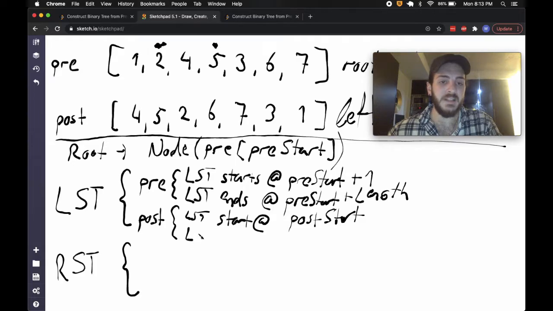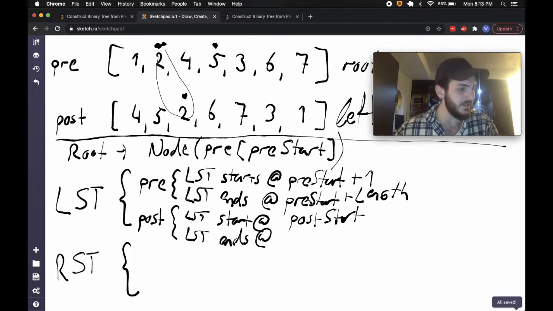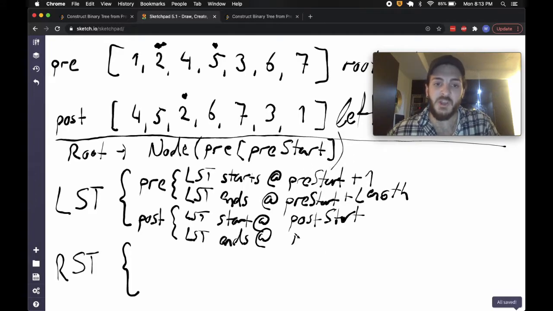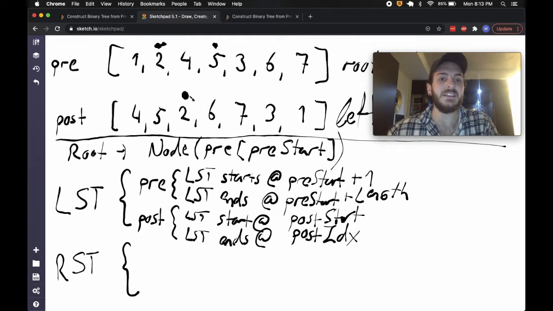And then we're going to say that the left subtree ends at, well, where's it going to end? It's going to end at this variable right here, so this 2, and we're going to find some index for this value. So for now, I'm going to call that post index for lack of a better word. But what that's going to refer to is the actual index that represents the beginning of the left subtree in the pre-order and the end of it in the right subtree.